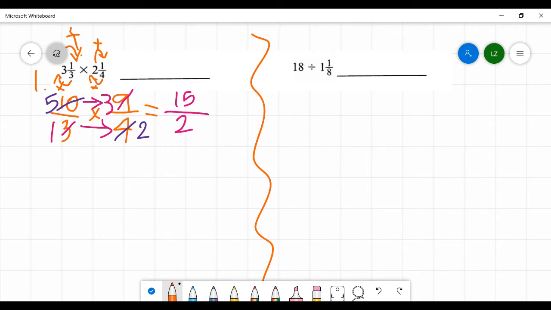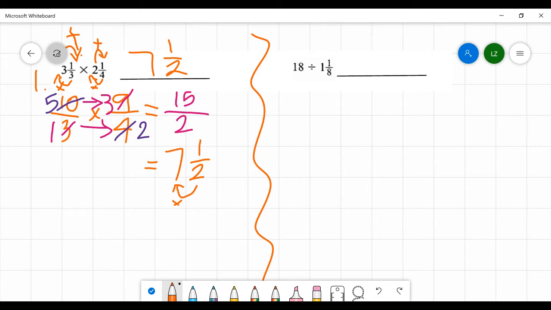Well, 2 can go into 15 7 times. And then I'm going to go ahead and write my same denominator down. And if I do 7 times 2, I get 14, and I have 1 left over to get to 15. So 7 1/2 is our answer to that first problem.